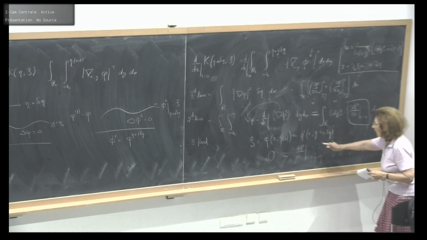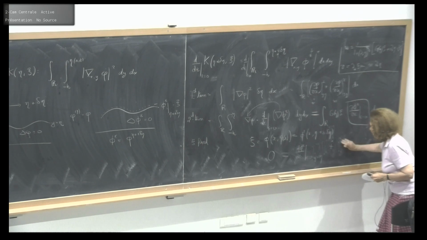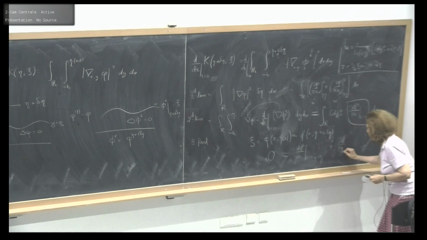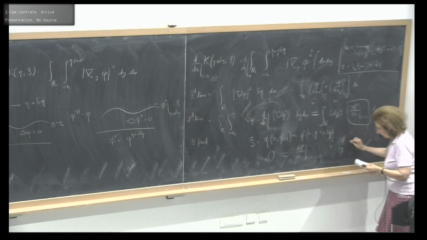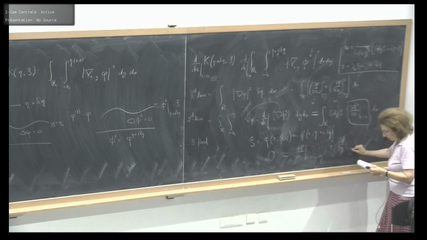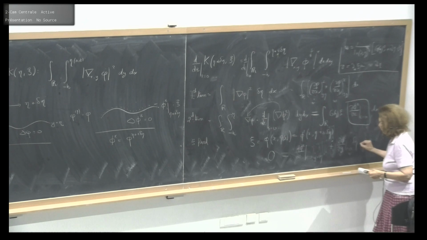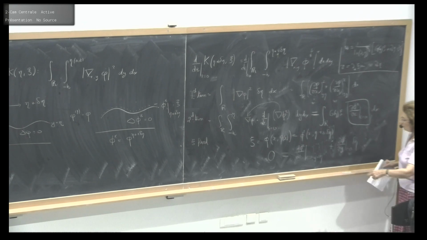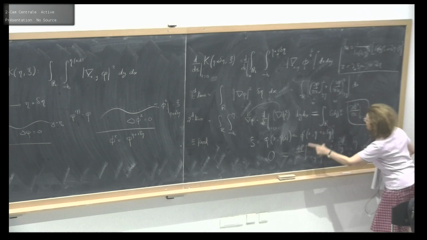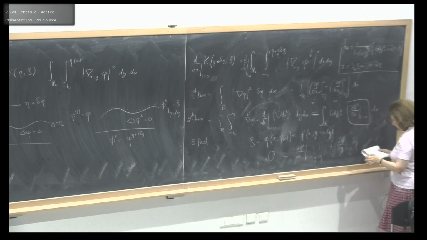And this one differentiates with respect to the second variable, so it's d phi epsilon dy multiplied by, at epsilon equals 0, delta eta.